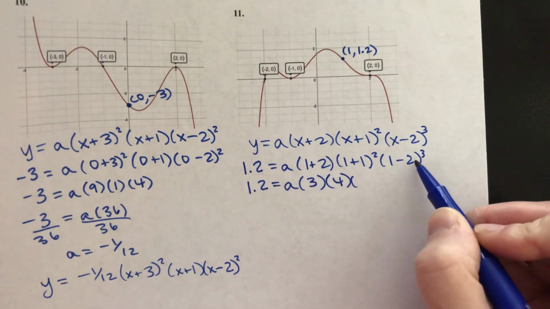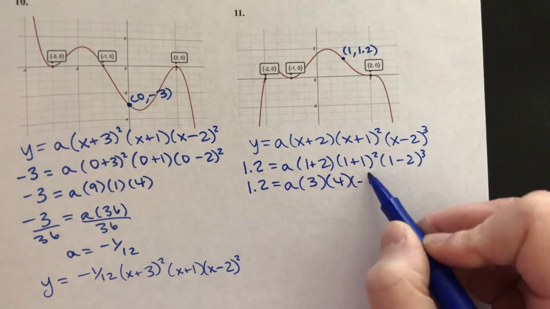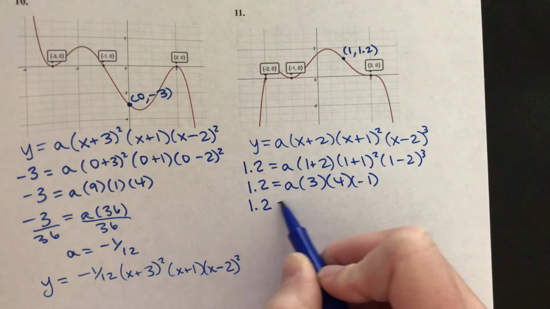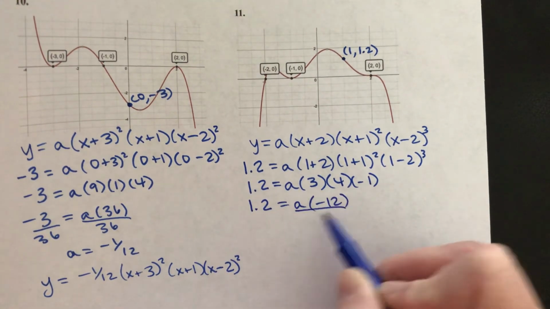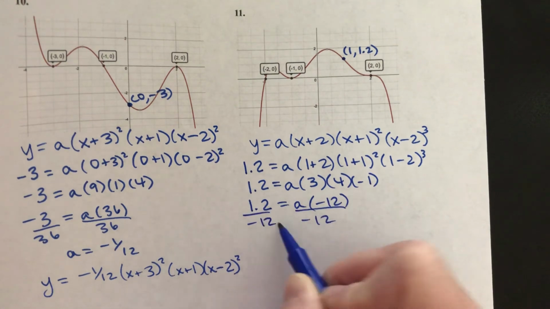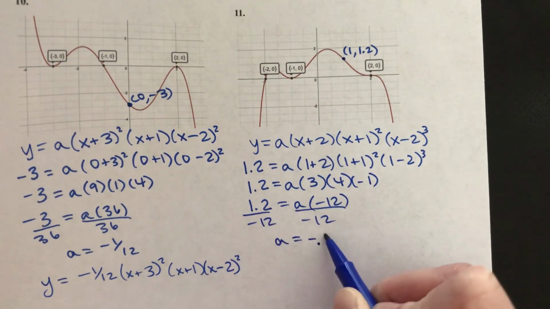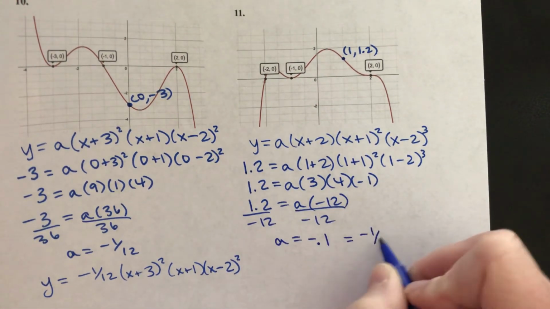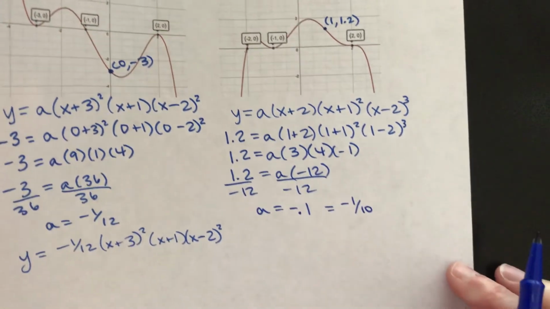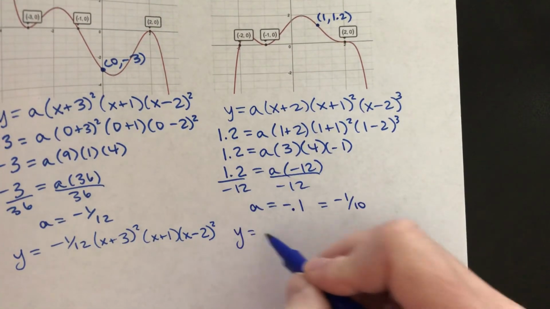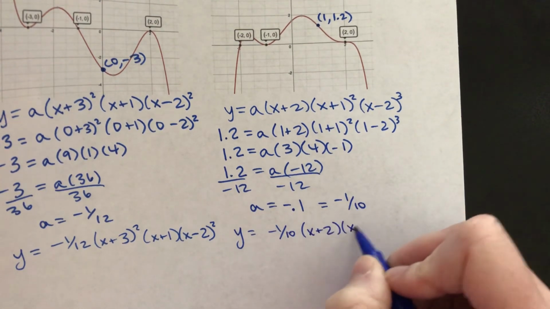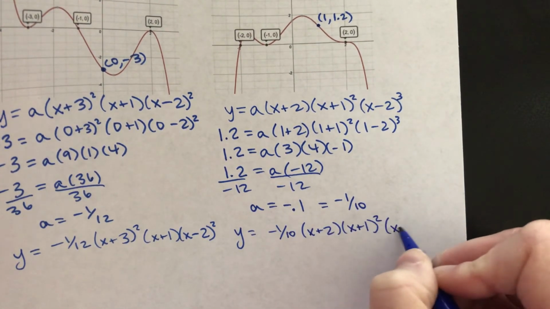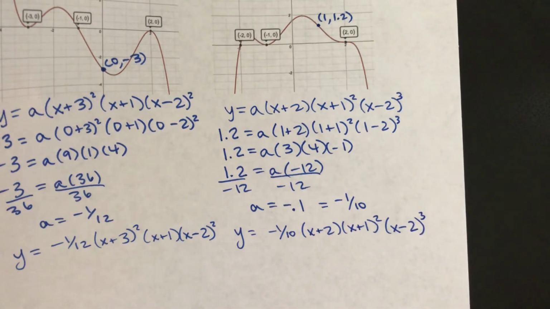And then 1 minus 2 is negative 1. Cubed is negative 1. So 1.2 equals a times negative 12. So I'm going to divide by negative 12. So then a is negative 0.1 or negative 1/10. And so then our final polynomial would be y equals negative 1/10 times x plus 2, x plus 1 squared, and x minus 2 cubed. And there you have it.